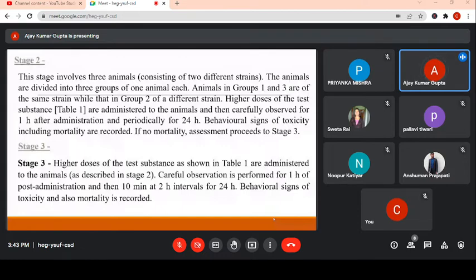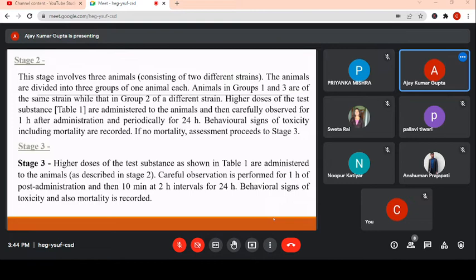What it means, as you have already seen in the table, is that the stage 1 doses are below 1000. In stage 2, the doses are 1000, 1500 and 2000 respectively. That is why it is mentioned that higher doses of the test substance, as given in the table, are administered to the animals, and then carefully observed for 1 hour after administration, and periodically for 24 hours, minimum 10 minutes in each observation, as already explained.